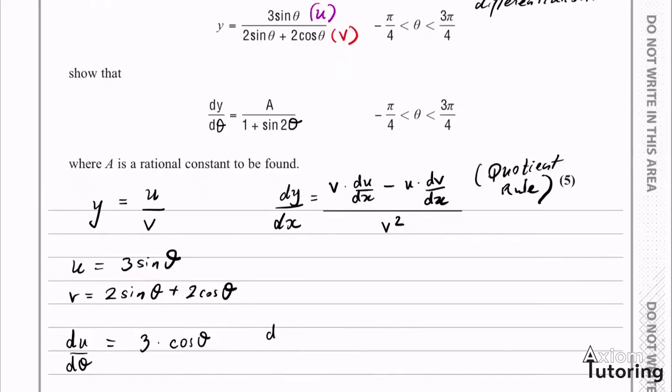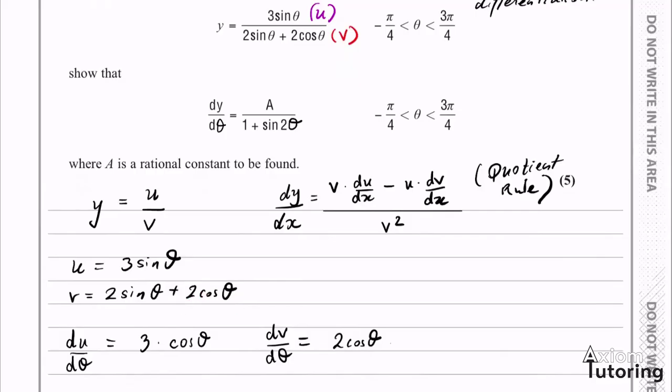And then if we do the same thing for v, so we're finding dv over d theta. What we need to do is differentiate each term separately. So 2 sine theta, when we differentiate that, we get 2 cos theta. And then we want to differentiate 2 cos theta.